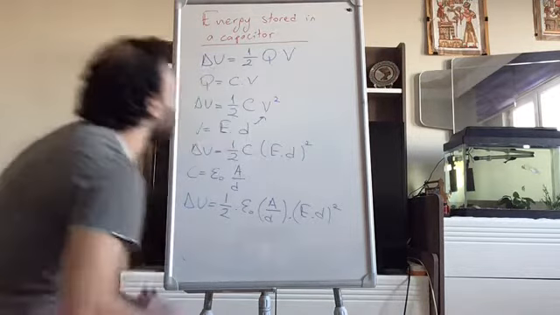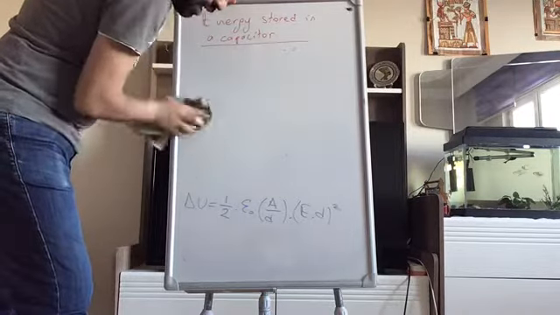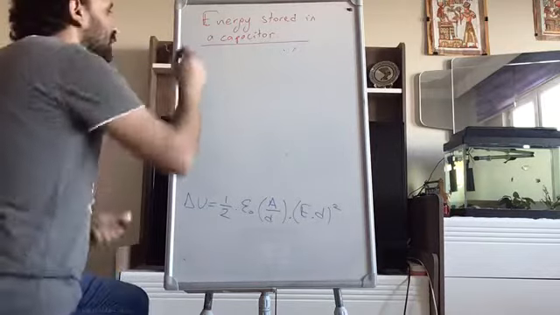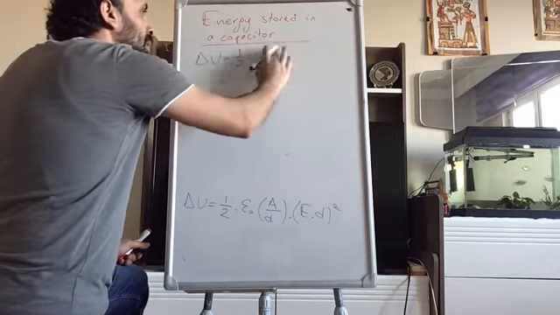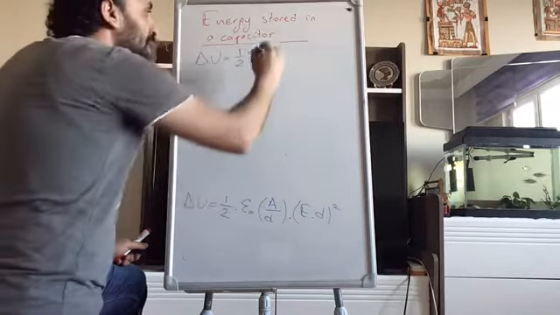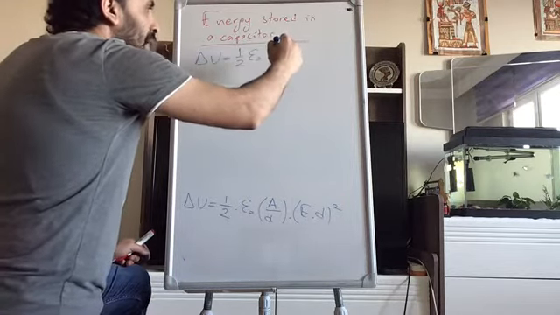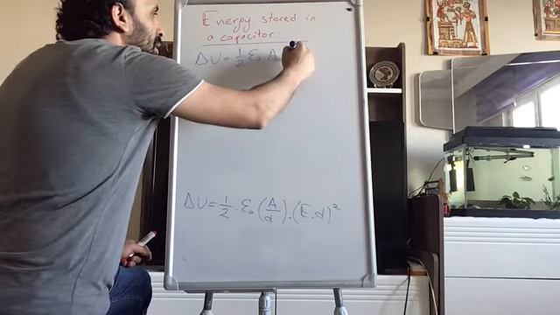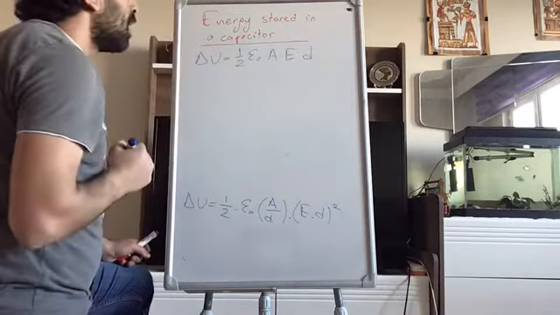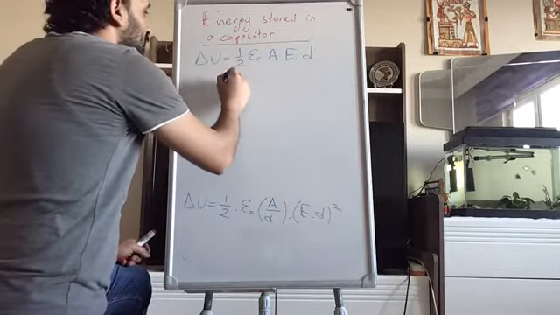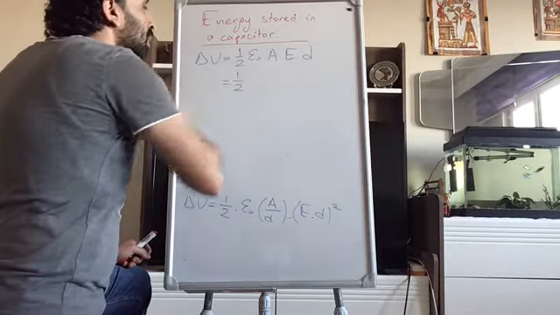Let's keep playing with this equation a little bit more. I'm going to continue from the top. If I simplify this equation, delta U will be equal to 1/2 epsilon 0, we will have A, electric field squared, times D. All right, so this is also the energy written in terms of the volume of the capacitor.